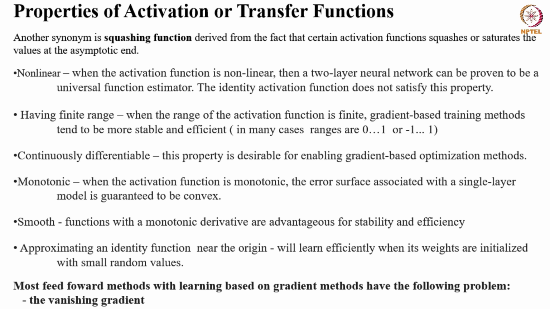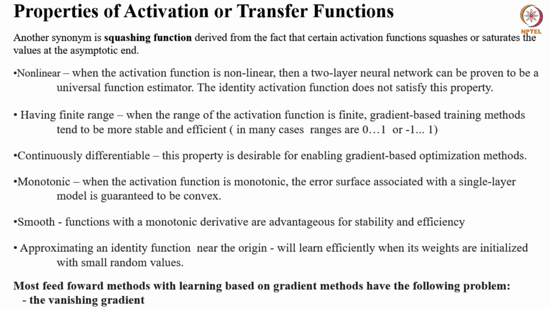So if we look at the various aspects here, one aspect is nonlinearity. One can actually show that if you choose a nonlinear activation function, then a two-layer neural network can be proven to estimate a universal function. The identity activation function, which just leaves the input value untouched, doesn't satisfy that property.